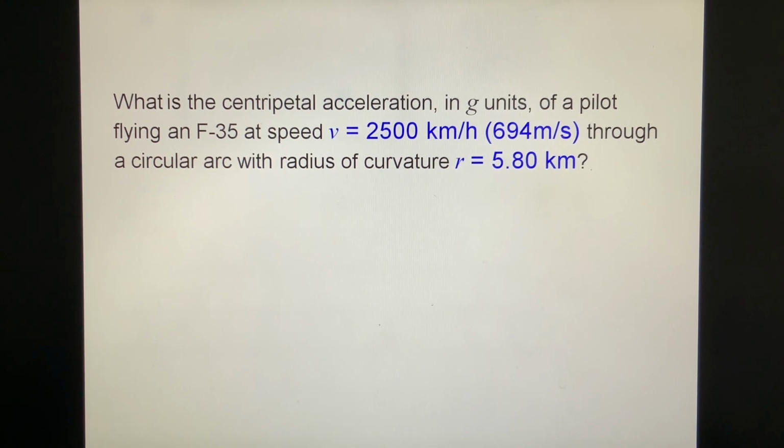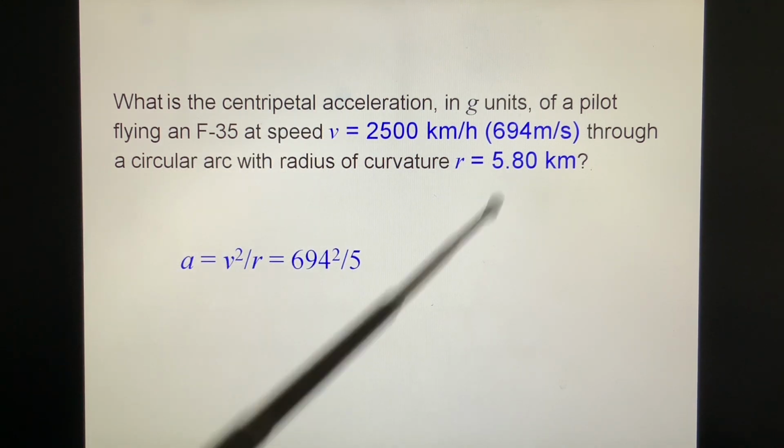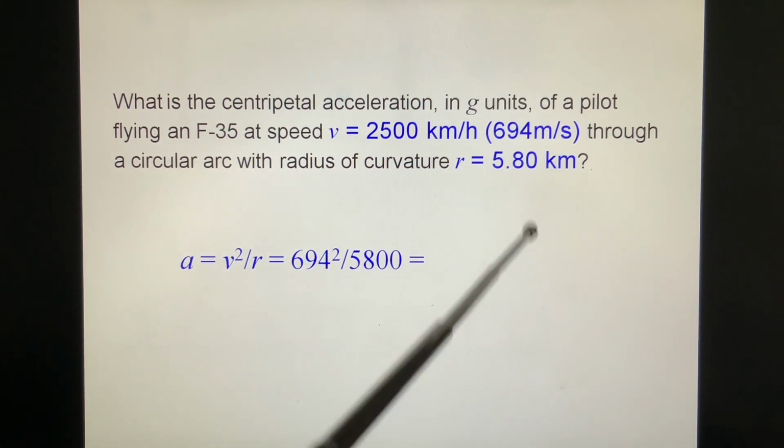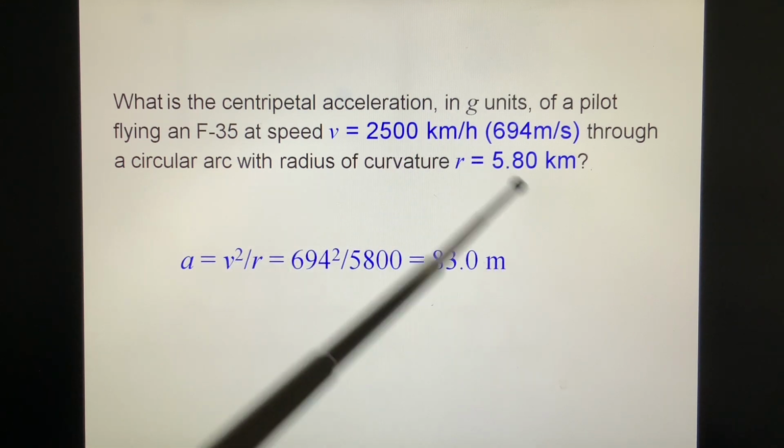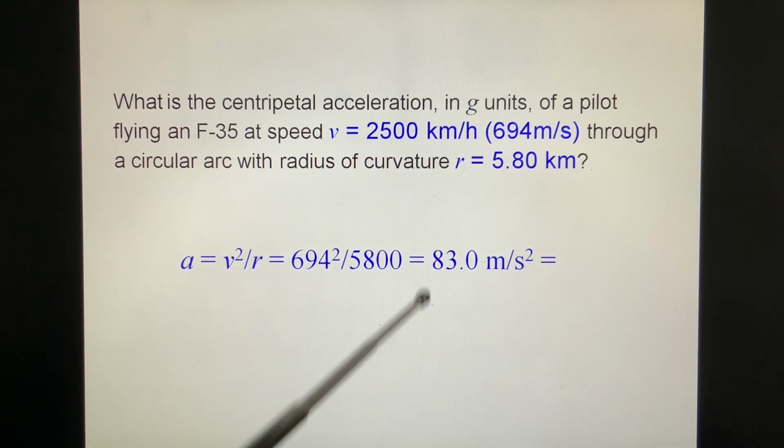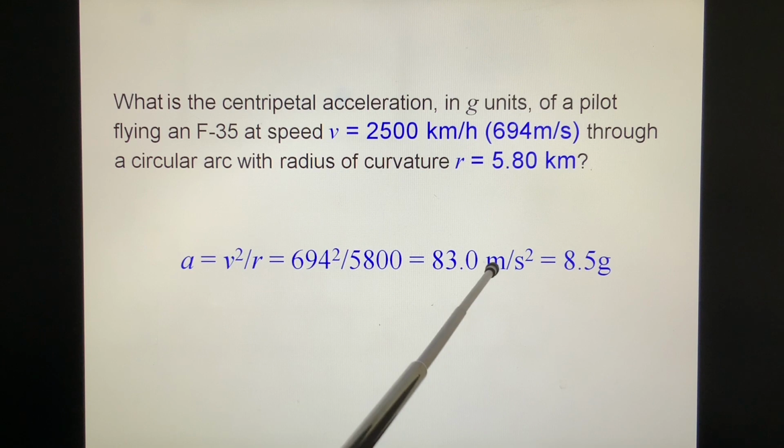Pretty dark. Then we use the formula a equals v squared over R. We know v, 694, and we know R, 5,800. We get 83.0 meters per second squared, about 8.5 g. It's pretty dangerous, G-LOC.